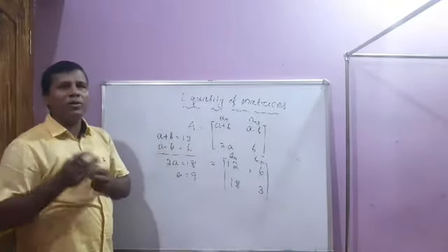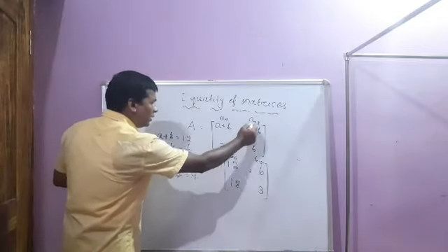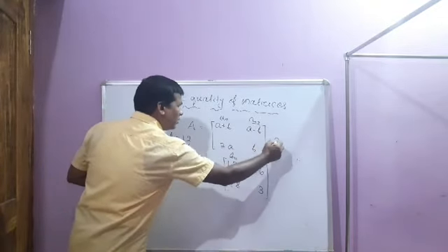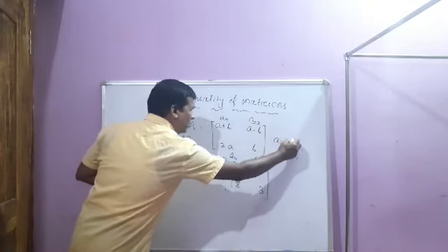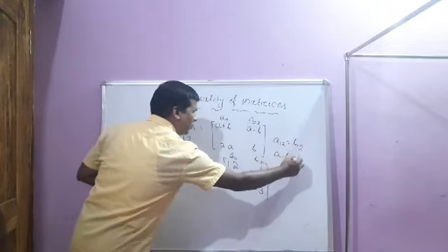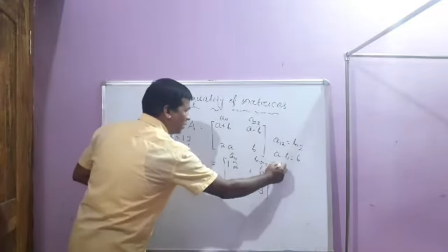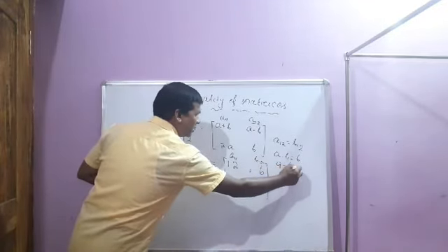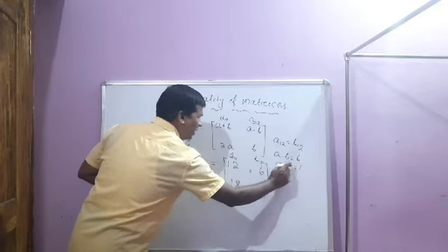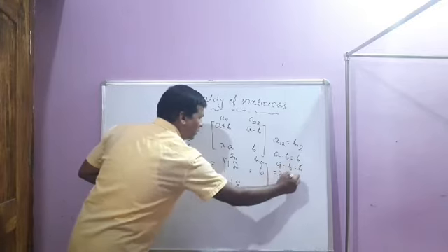If A is equal to 9, dear students, then this position is equal to this position, that is A12 is equal to B12. So A minus B is equal to 6. If A is equal to 9, then 9 minus B is equal to 6, which implies that B is equal to 3.